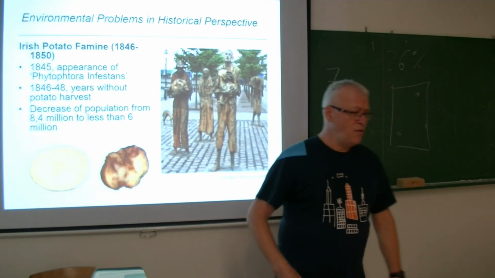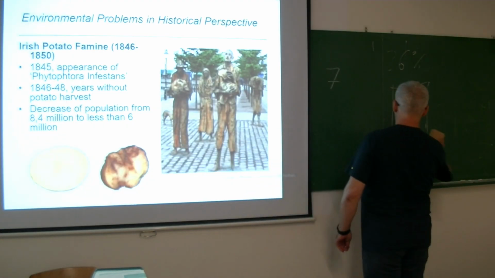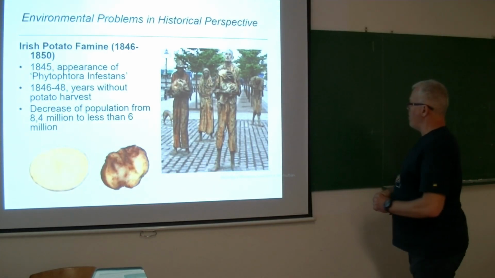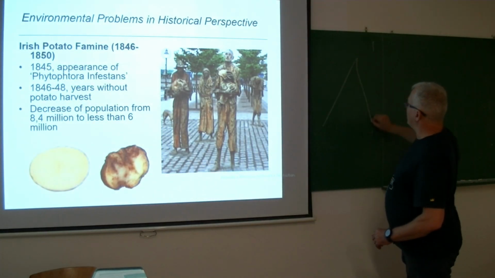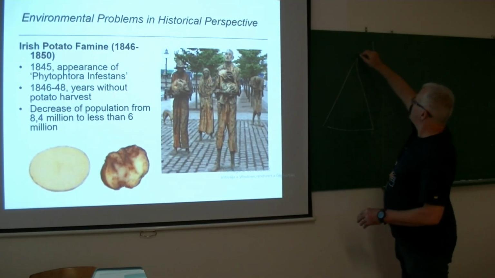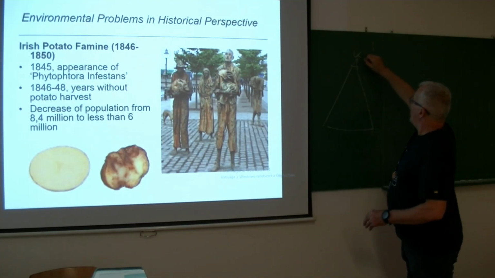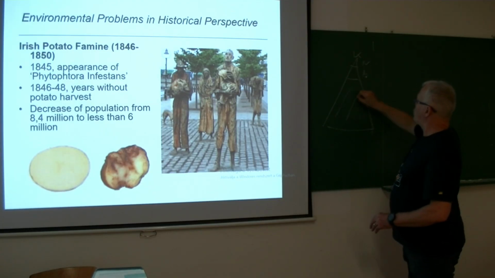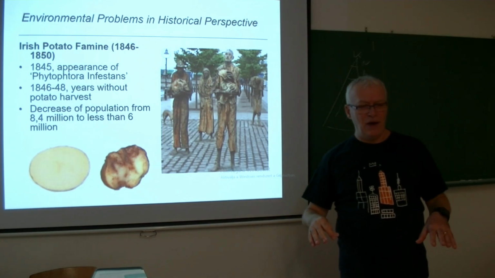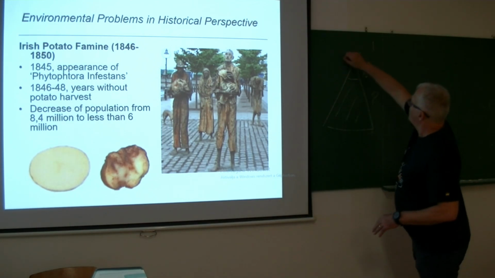In Ireland formed a truncated society. A truncated society means that a normal traditional society is described according to a pyramidal system. This is the position of the king, and the nobility, and the bourgeoisie, and the majority is the peasantry. When Ireland was colonized, the upper part was cut down.